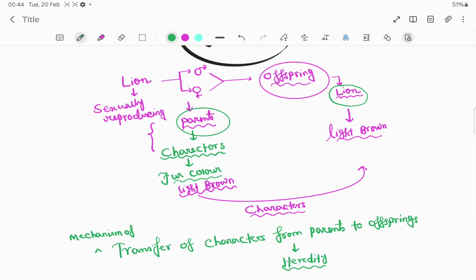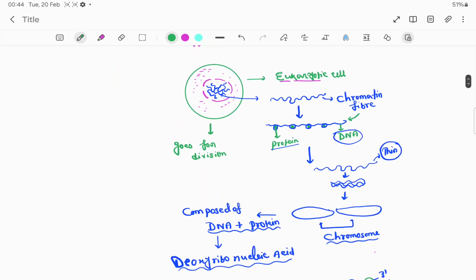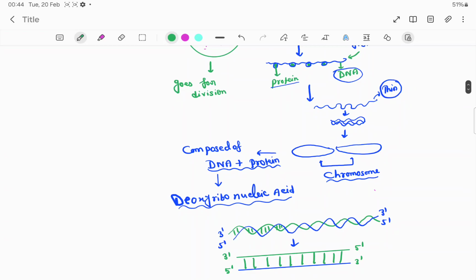What are characters? Characters are nothing but the expression of genes. So what is a gene? A gene is the part of DNA from where the functional protein is formed. DNA and protein form the chromosome. Chromosome is made up of DNA and protein.